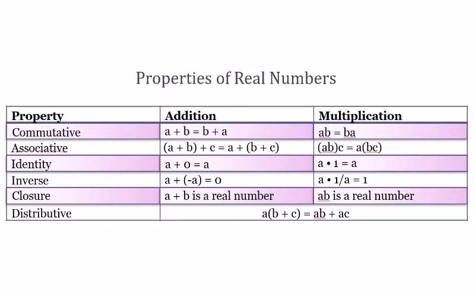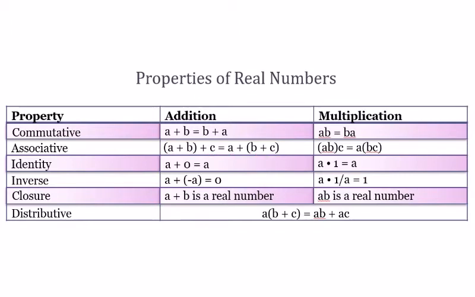The associative property says that if you have 3 or more things that you're adding or multiplying, then it doesn't matter which 2 you add first or which 2 you multiply first. In other words, if I'm adding a, b, and c, I can add a plus b first and then add c, and I would get the same thing as if I added b plus c first and then a, right?